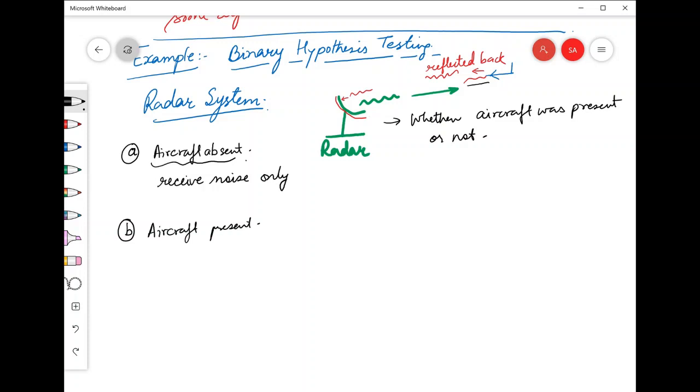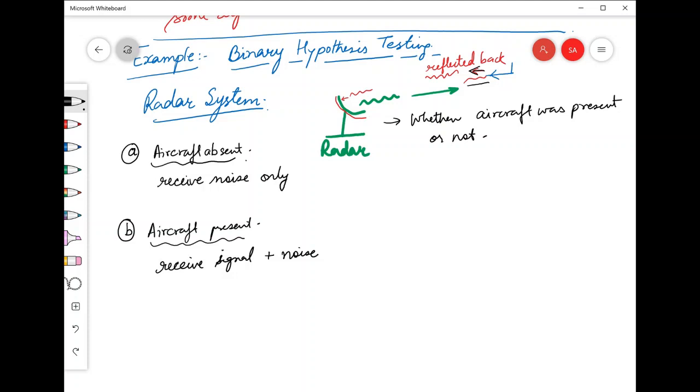When will the aircraft be present? When there is a signal being reflected back, so what you receive is the signal, maybe a distorted version, plus noise. These are the two options that we want to test.